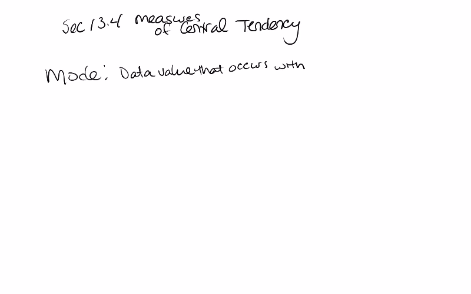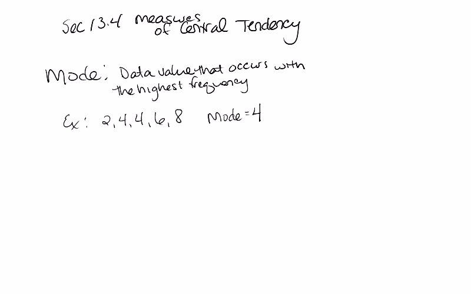It simply means that it's the data value that turns up the most. We're going to look at a couple of small data sets. The first one is 2, 4, 4, 6, 8. Looking at this data set, we see that 4 turns up with a higher frequency than any of the other values, so we would say that the mode is 4.